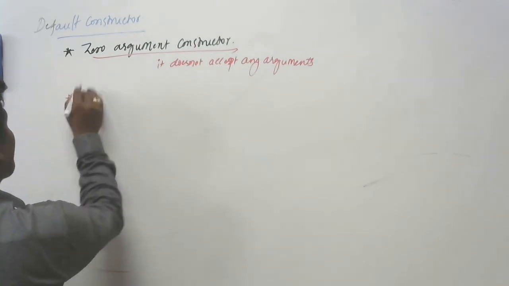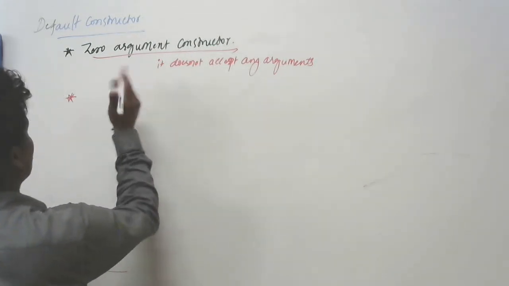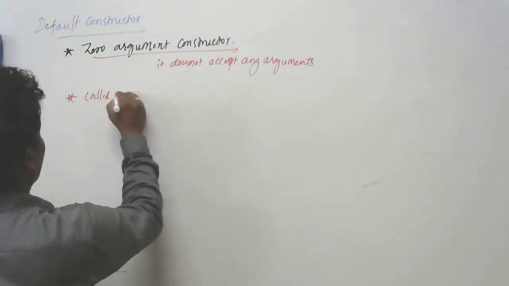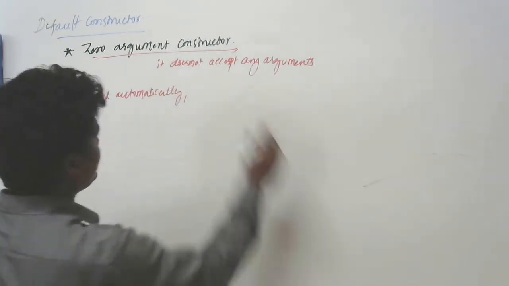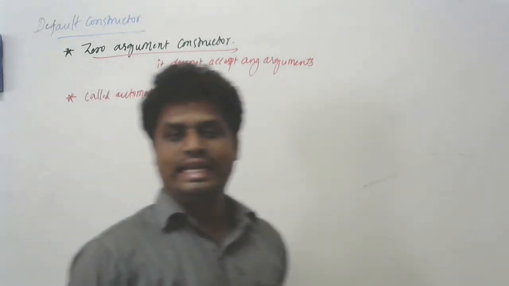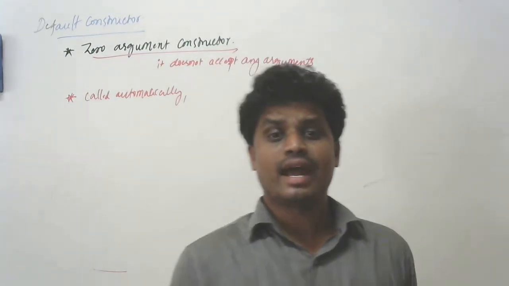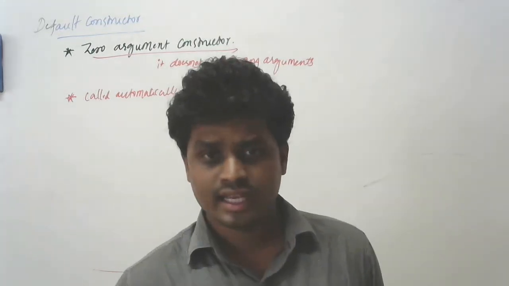And the remaining points are the same. One more time you are supposed to write: this will be called automatically when the object is being created. Third point, it should be declared inside the public, and it can be defined either inside the class as well as outside the class.